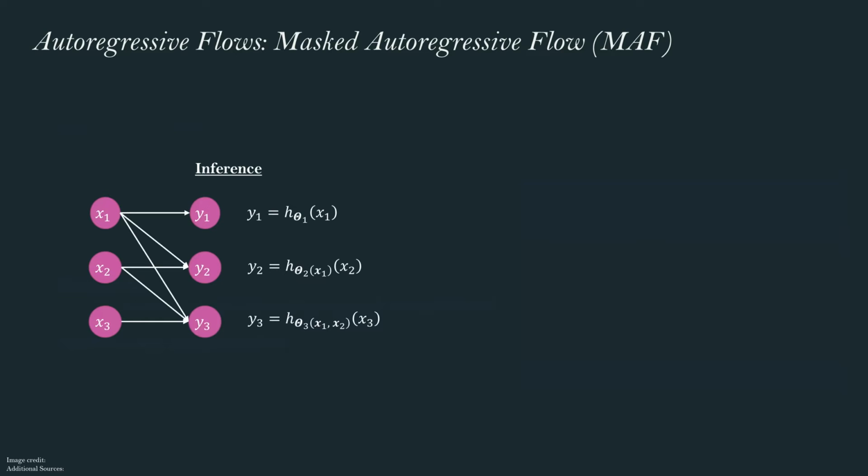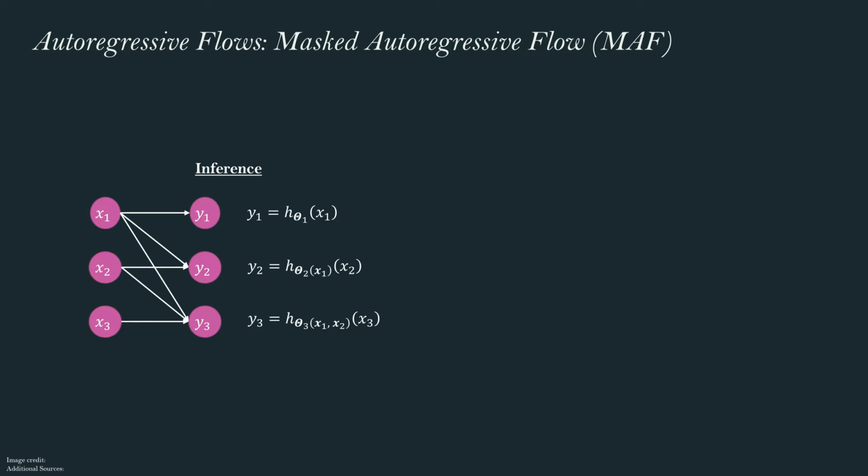Well, we can immediately run that through because the conditioner is always going to be a function of just the x's, right? So theta 1 is constant, theta 2 is just a function of x1, theta 3 is a function of x1 and x2. And so we can just run that straight through. So this is just one pass through the network, and you can get your inference.